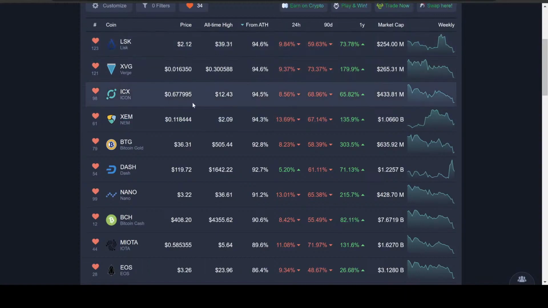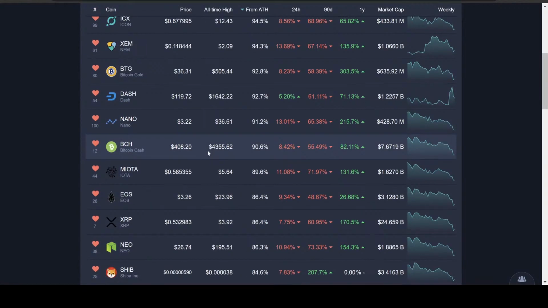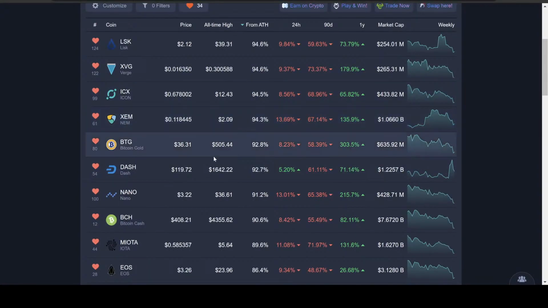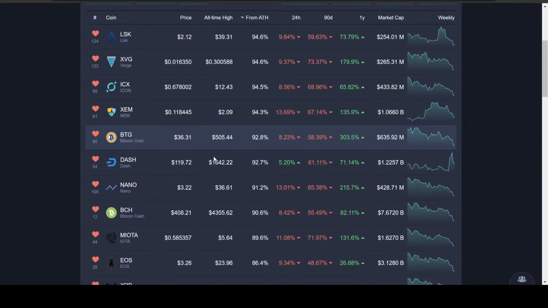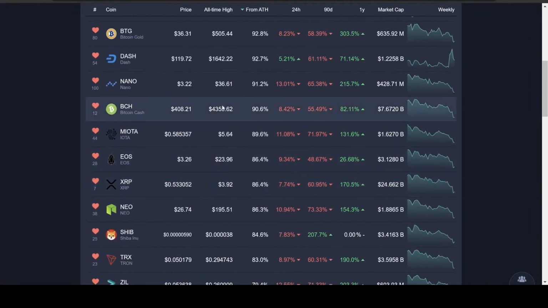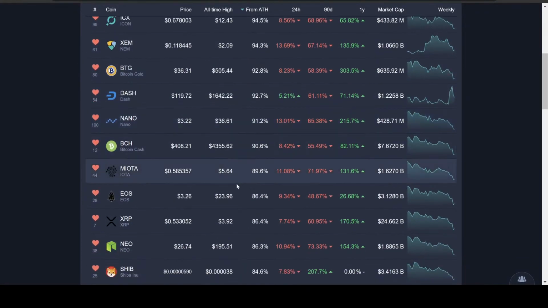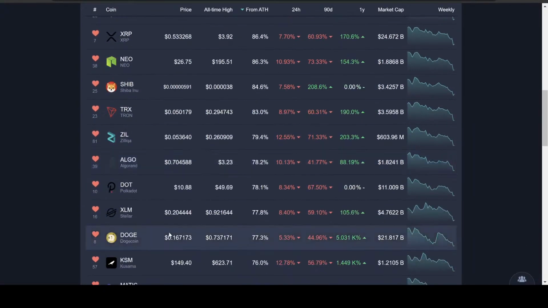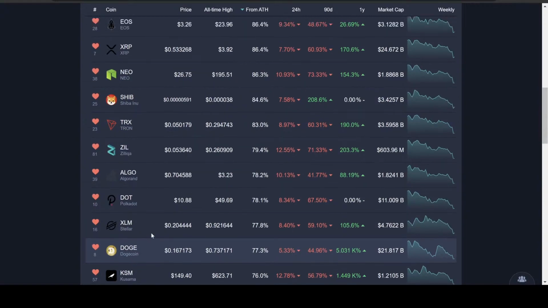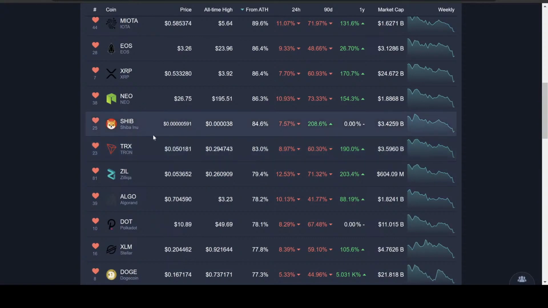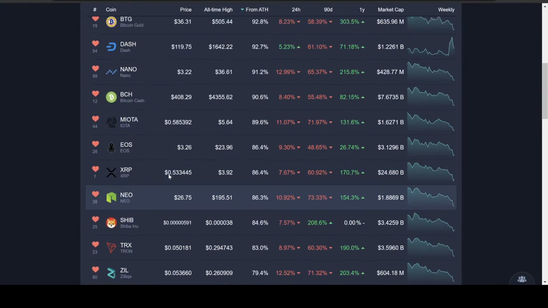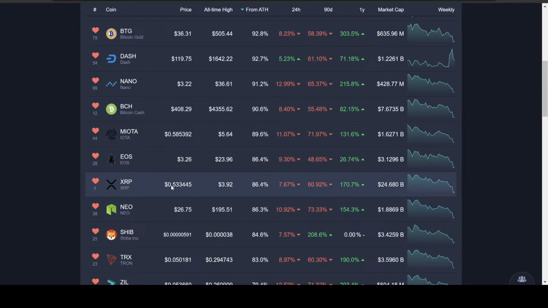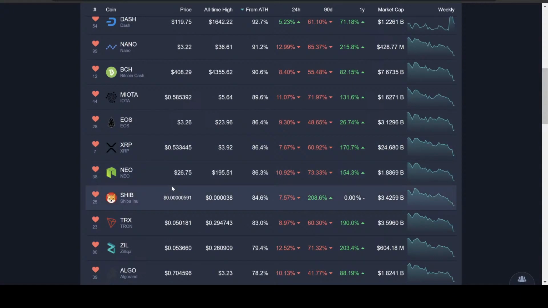If you haven't already noticed, most of the coins from 2018, about 70% of them, are doing worse than even a meme coin like Shiba or Doge. Isn't that alarming?